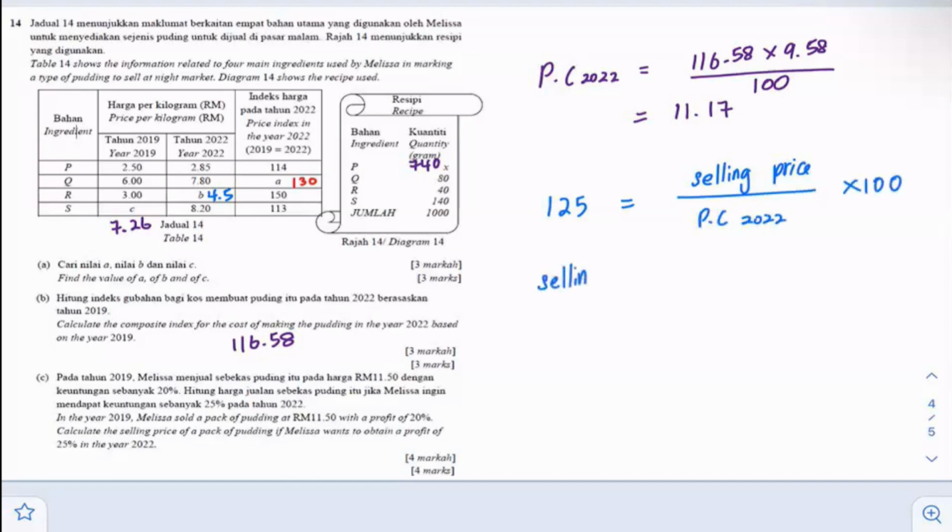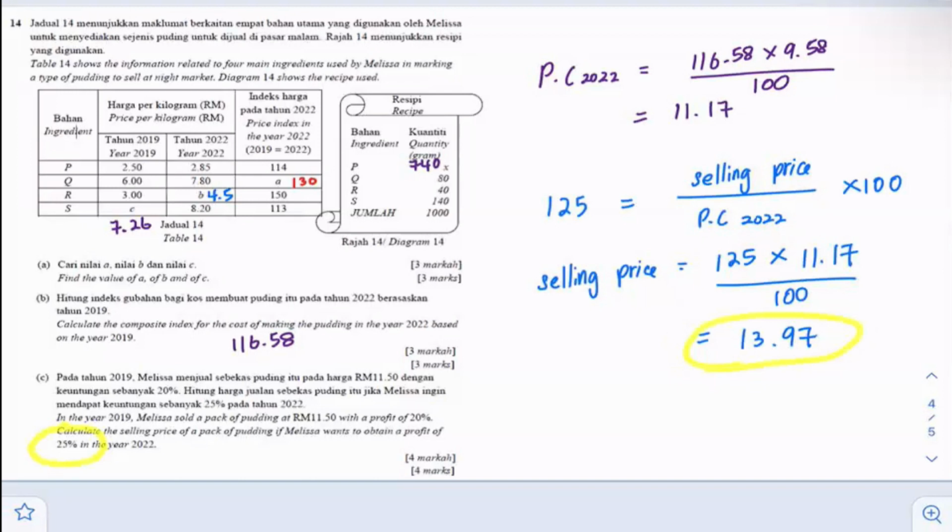So your selling price will be 125 multiply with 11.17 divide by 100. And you will get 13.97. So you need to sell it at 13.97 in order to get 25% of profit in the year 2022. So this will be the final answer.